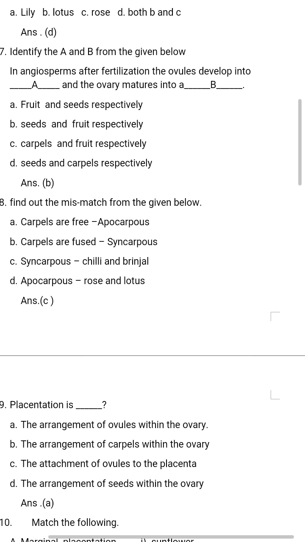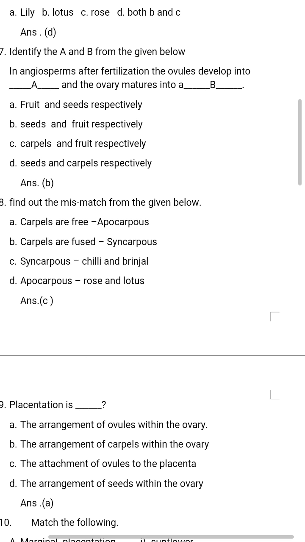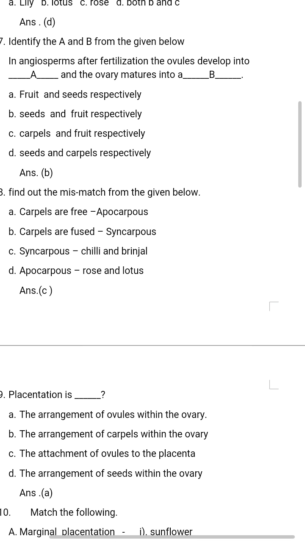This is a very important concept for second PUC also. You will also learn in detail about this concept in the second chapter in second PUC, sexual reproduction in flowering plants. So the correct option for this question is option B, ovules develop into seeds and ovary matures into fruit. Option B is correct for this question. Hope you understood the explanation for this question. Now moving to the 8th question.